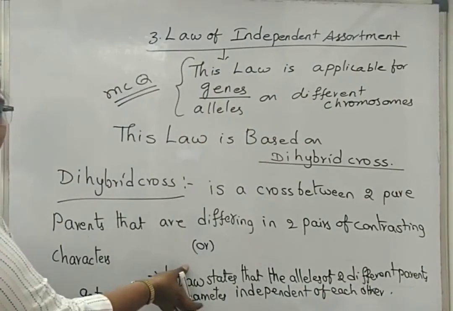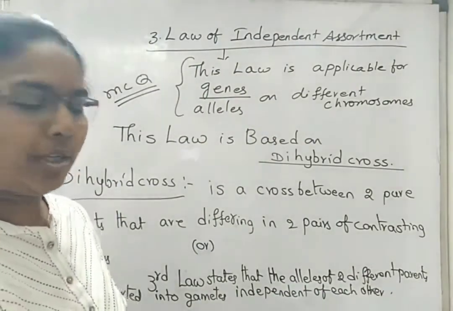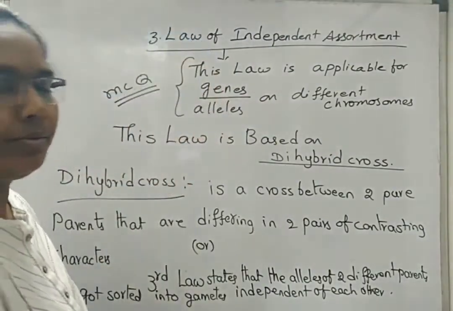This one is also considered as a second type of explanation for the law of independent assortment. Now, another type of definition is also there, that we will see now.